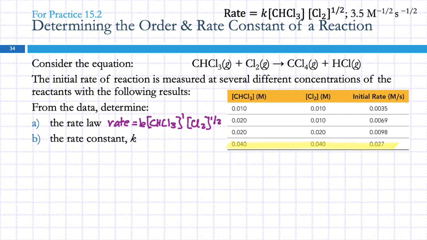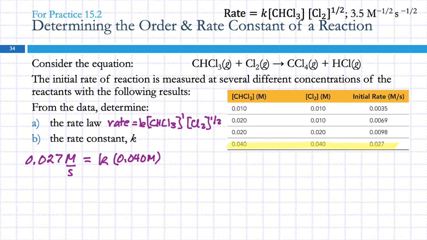Okay? So the rate, what's the rate? Well, it's over here. 0.027. We are going to do the units here. Molarity per second is equal to the rate constant, which is what we're trying to find, times CHCl3 concentration, 0.040 molar, to the first power.